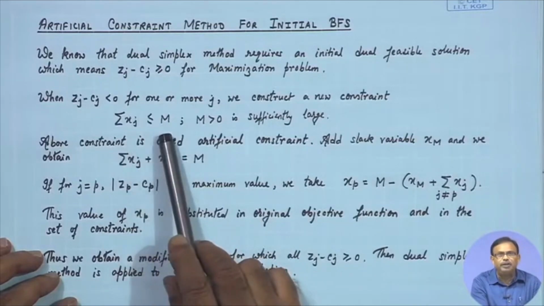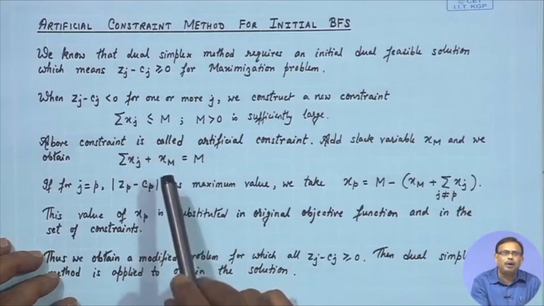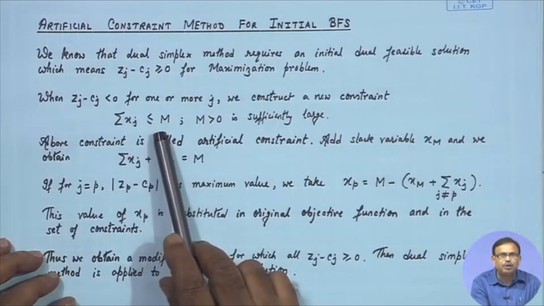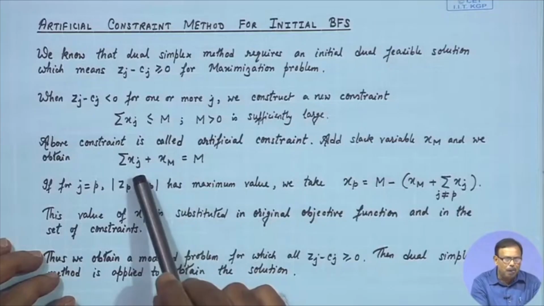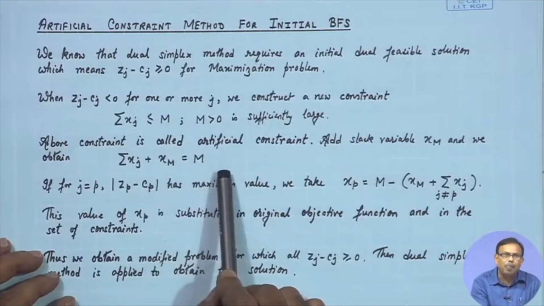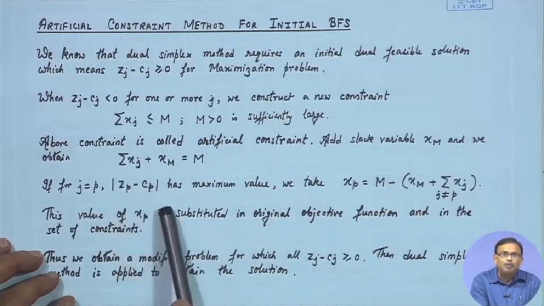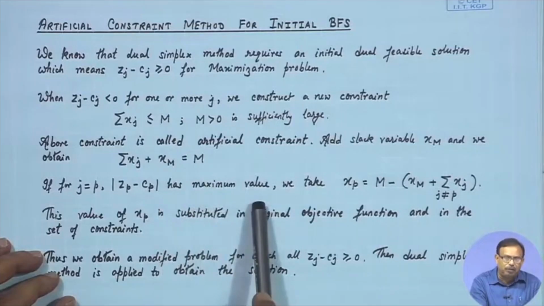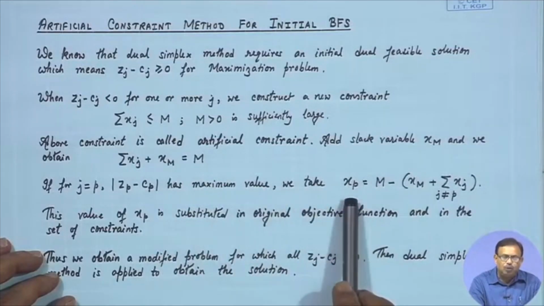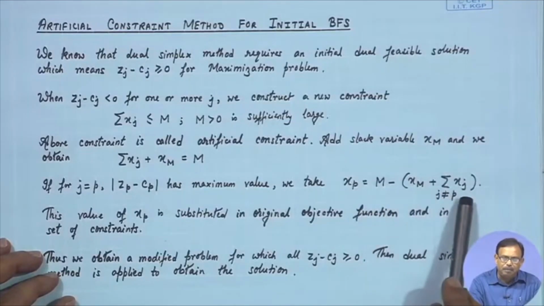So, summation over xj less than or equal to capital M. Then using slack variable we are making this less than or equal type into equality type by doing this summation xj plus xm equals M. Now, if for z equals p, say mod of zp minus cp has maximum value, in that case we take xp equals capital M minus xm by this.